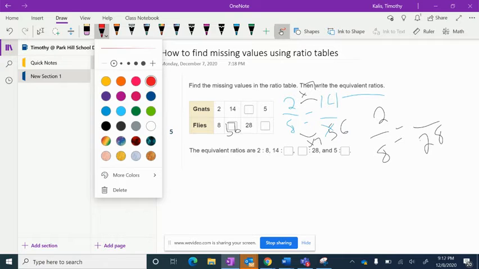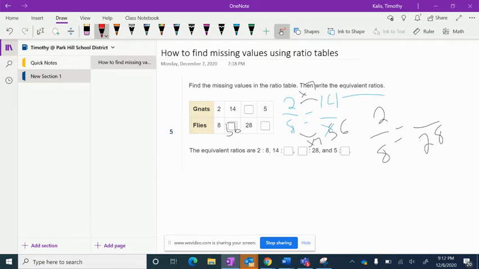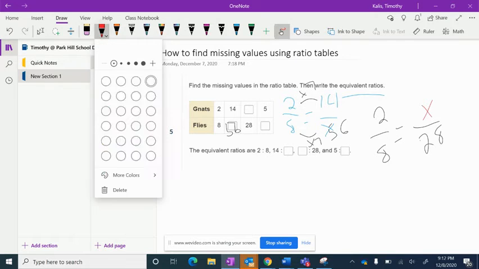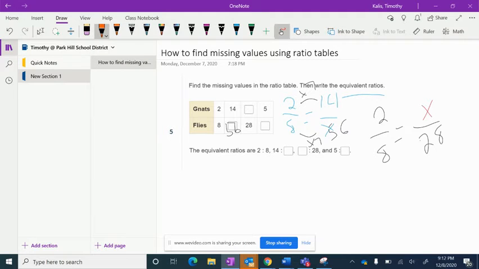Now, we can use a strategy called cross multiplication or cross products to solve for x, or the missing value. And how we do that is we take 2 times 28, which is 56, and we take 8 times x, which is 8x.